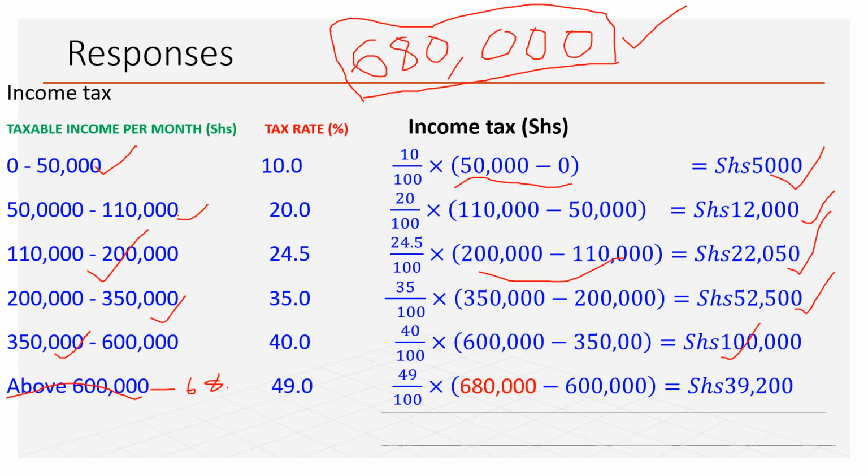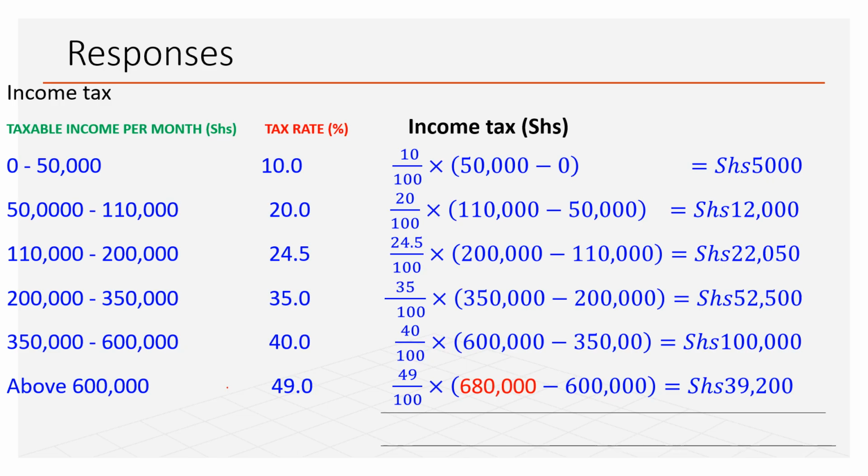I repeat, if it was maybe 400, then ultimately it would be within the range of 350,000 to 600,000, so we instead replace that 600,000 with the taxable income you've obtained. Actually, we are not replacing, but we are creating a range that is from 600,000 to the taxable income we have.